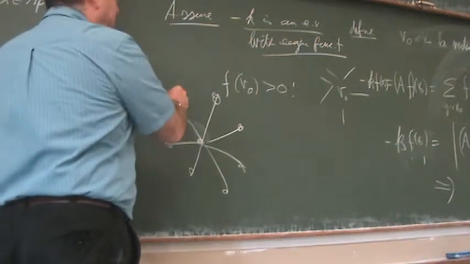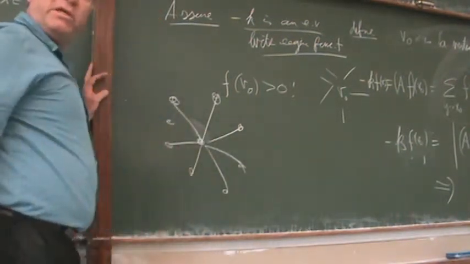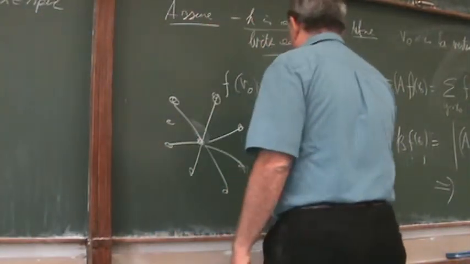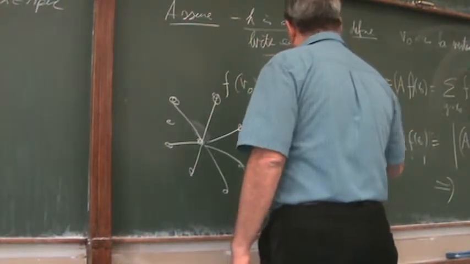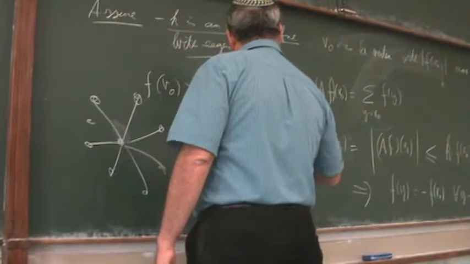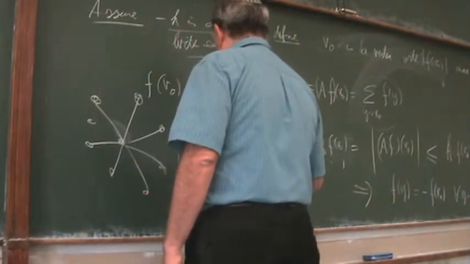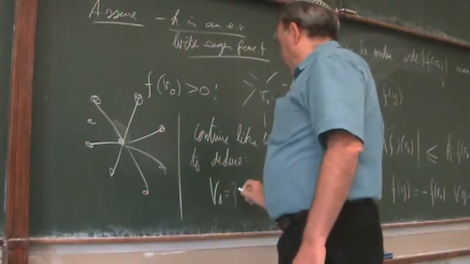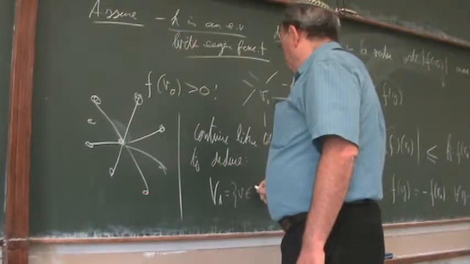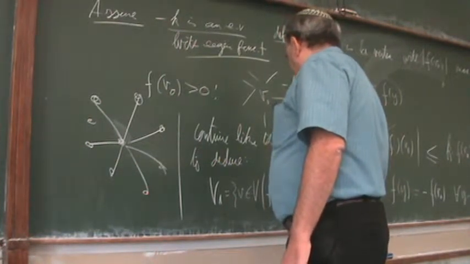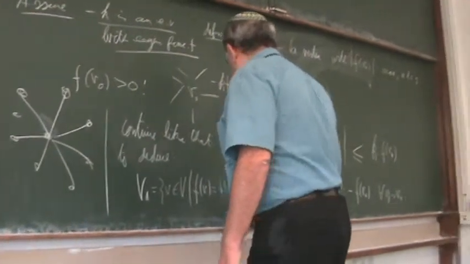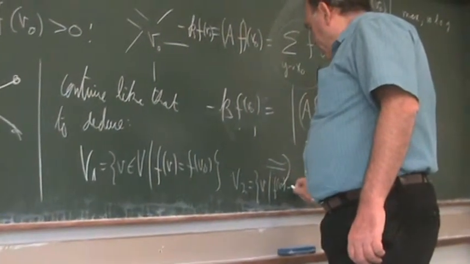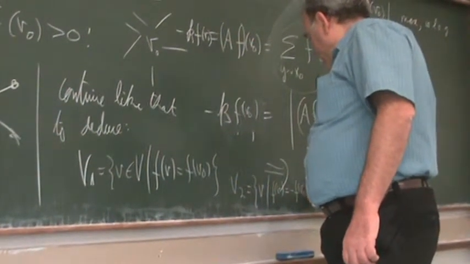The neighbors of these will be the same as v naught, etc. So you deduce that V1 is all v such that f of v is equal to f of v naught, and V2 will be all v so that f of v is equal to minus f of v naught.